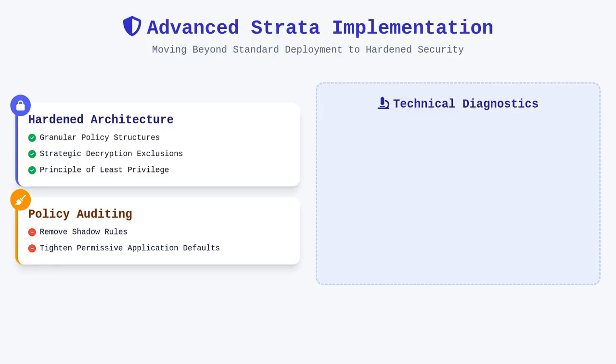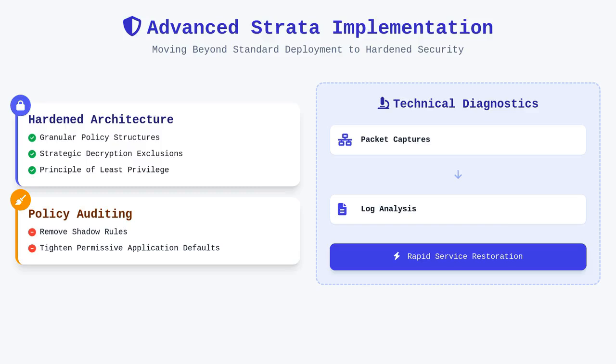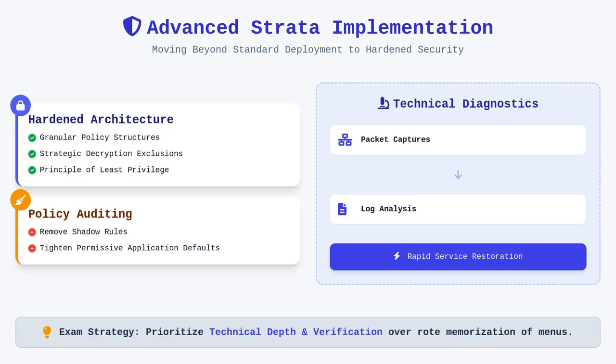Furthermore, your competency in troubleshooting via packet captures and logs will often determine how quickly you can restore service during high-pressure events. These diagnostic tools are not merely for debugging. They are primary instruments for verifying that your security design behaves as intended. Carrying this technical depth into the exam will prove far more effective than rote memorization of interface names or obscure menu paths.